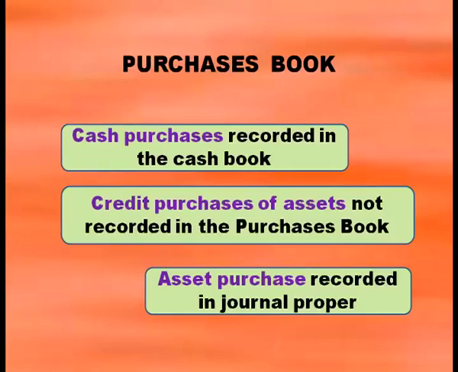Cash purchases are recorded in the cash book, so they are not recorded in the purchases book. Credit purchase of assets are also not recorded in the purchases book. Where will you write the asset purchase? Asset purchases are recorded in the journal proper.